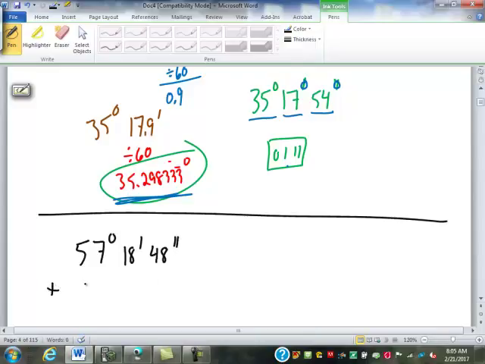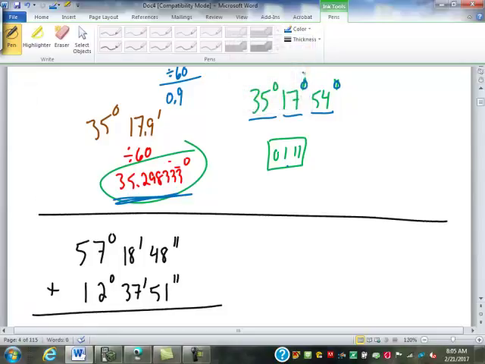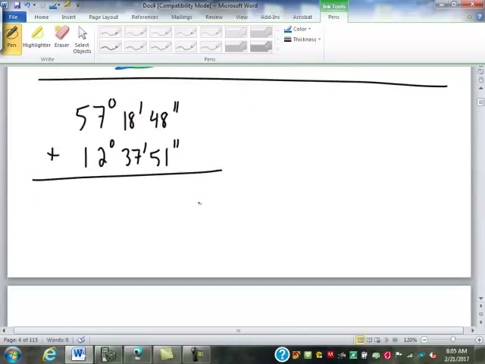And I want to add to that 12 degrees, 37 minutes, 51 seconds. What value do I have to hit before I have to carry here? Well, how many seconds are there in a minute? 60. So I'll be carrying at 60.